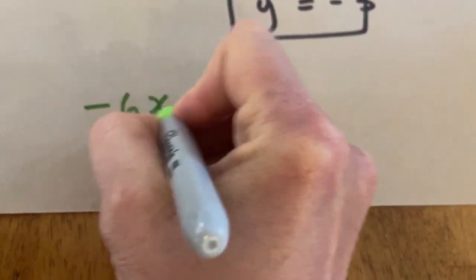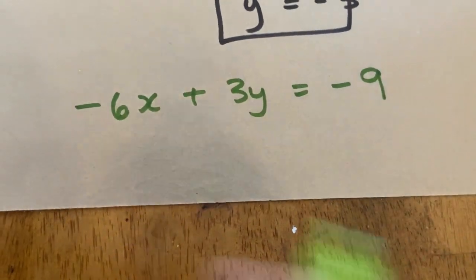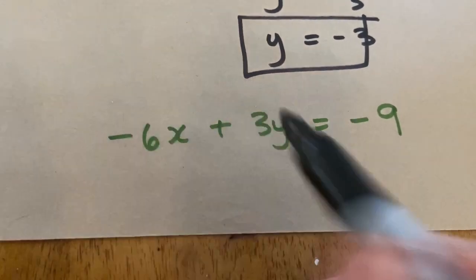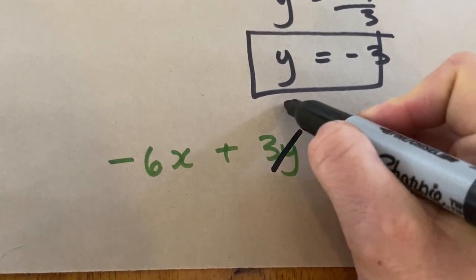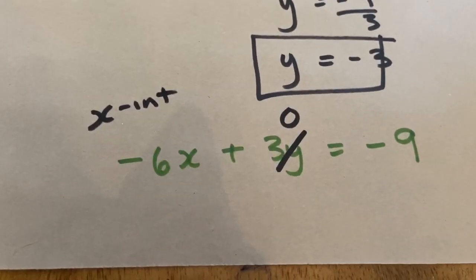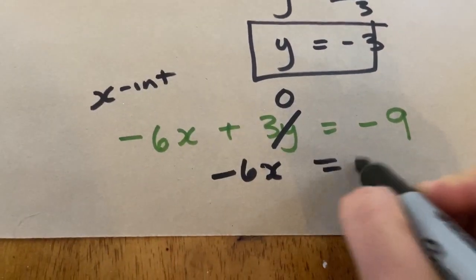Now I want to find my x-intercept. So it's just the opposite. Negative 6x plus 3y is equal to negative 9. If I want to find the x-intercept, then I'm going to make y equal to 0, and I'm going to isolate for x.